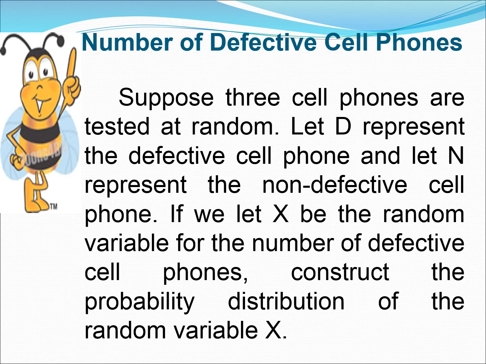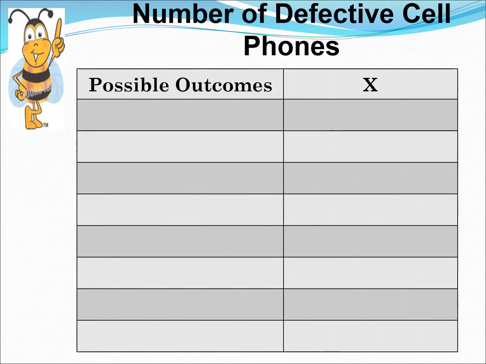Three will be tested at random. The cell phones are of two kinds: defective and non-defective. We'll represent the defective cell phone as D and the non-defective cell phone as N. So we're going to construct the probability distribution. Let X be the random variable for defective cell phones, so we will count the defective cell phones.